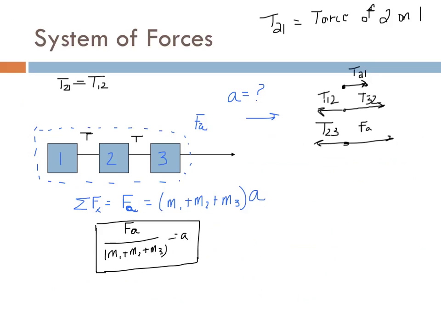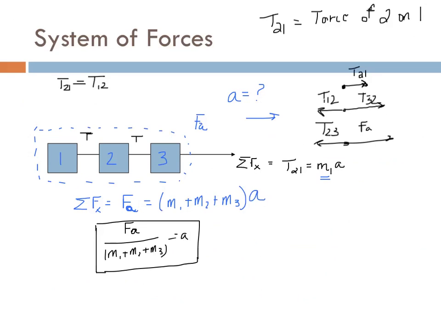So let's start with the first one. I have T21 is equal to mass 1 times acceleration. Remember that when we are writing the sum of the forces in the x direction, you need to make sure that the forces that are acting on one object, that's the only mass that you consider.